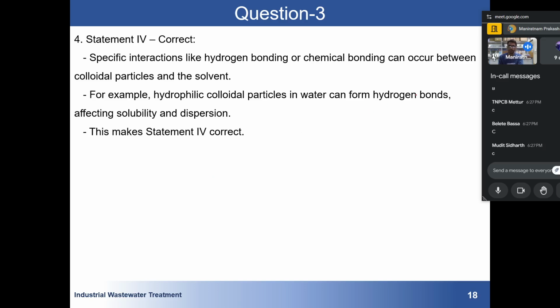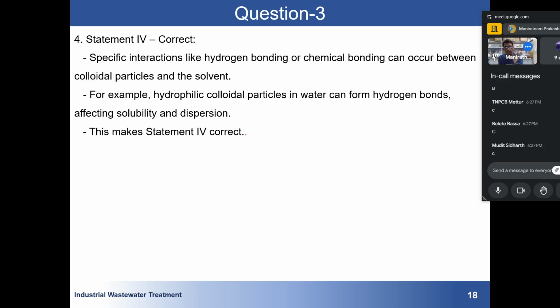Statement 4 says a specific interaction like hydrogen bonding or chemical bonding can occur between a colloidal particle and the medium. For example, a hydrophilic colloidal particle in water forms hydrogen bonds, affecting the solubility. This is also like in soap, where we know that we have hydrophilic and hydrophobic parts, and those soap particles will interact with water. Depending upon that, we have foam formation.